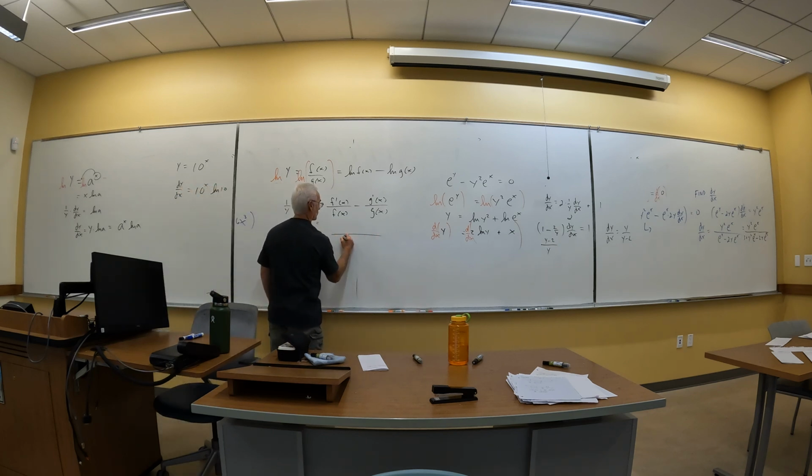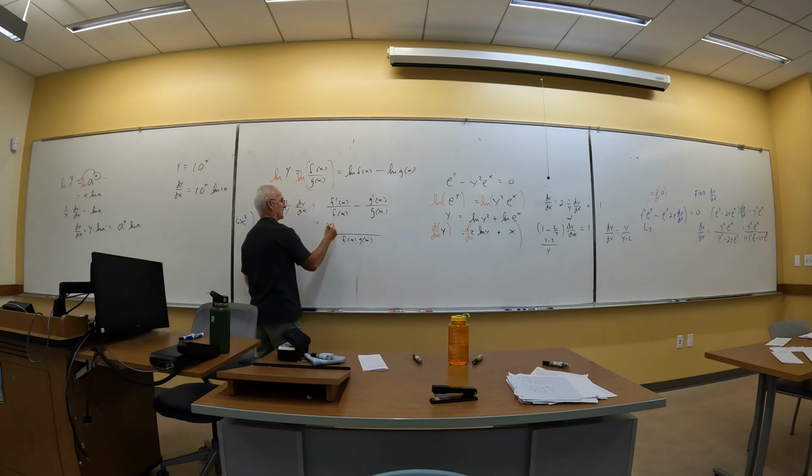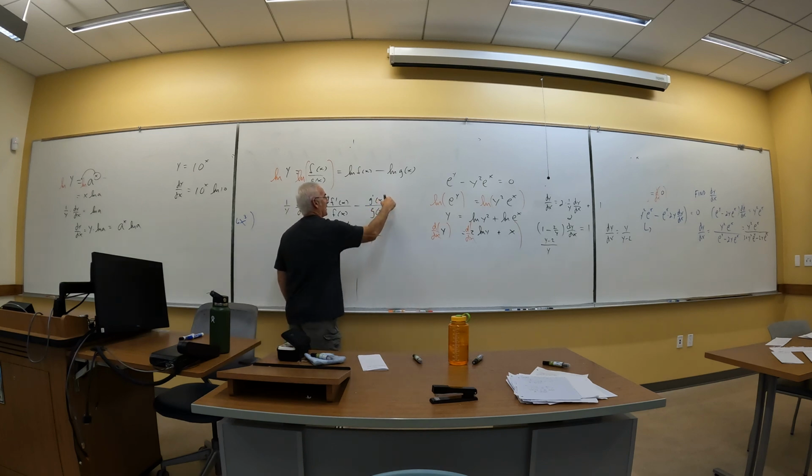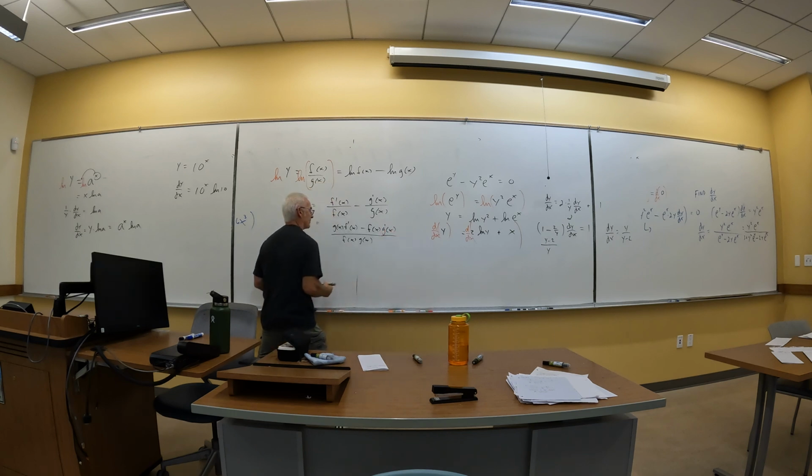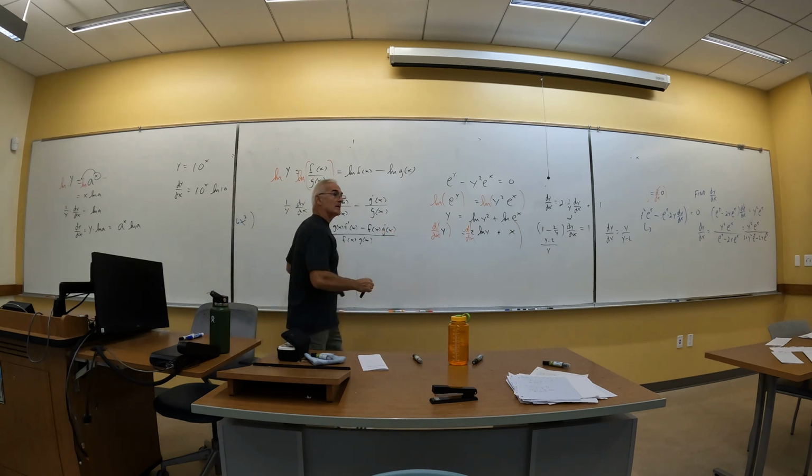So if I put this as one quotient, then I'm going to go g over g, f over f. Okay, that's 1 over y dy dx.